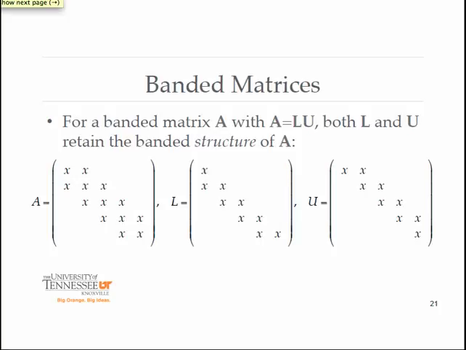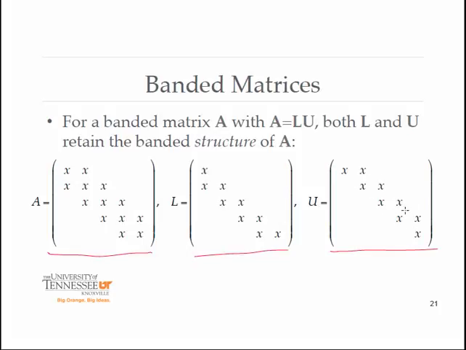If we look at how the non-zeros position themselves when you do the LU decomposition, what's really nice is that, where you have the original tridiagonal matrix A, the L and the U, remember L is a lower triangular matrix and U is an upper triangular matrix, you get a very nice banded structure for L and U. They're actually what we would call bidiagonal matrices, because they only have 2 diagonals: the main diagonal and a subdiagonal for L, and over here for U, the main diagonal and a super diagonal.